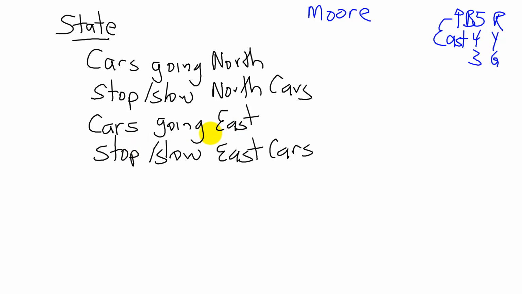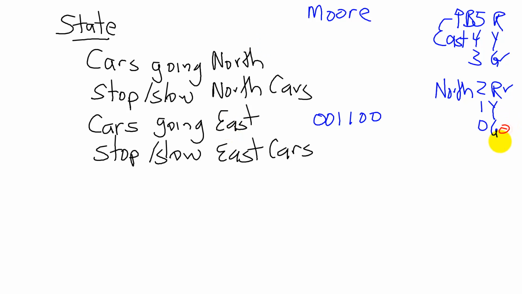So if I want cars to go east, I'm going to have to turn on the green, 0, 0, 1, and the other 3 bits, PB 2, 1, and 0, which is also red, yellow, green, I'm going to want that to be red. So 1, 0, 0. So that will be the output pattern, allowing cars to go green.